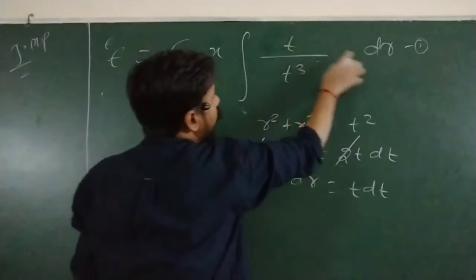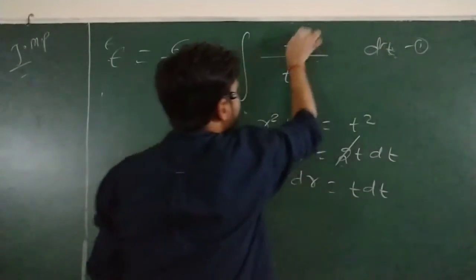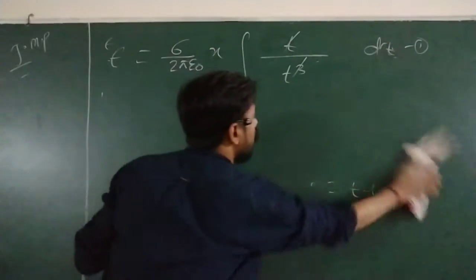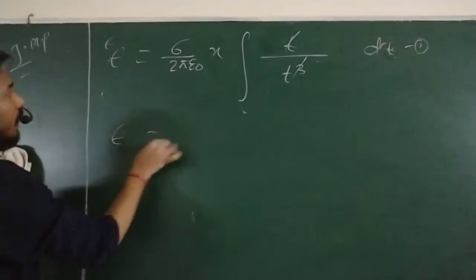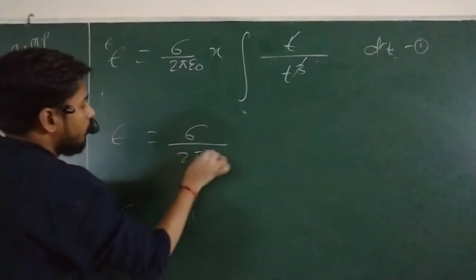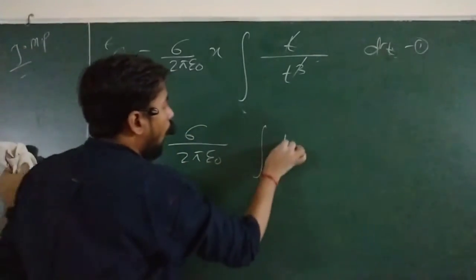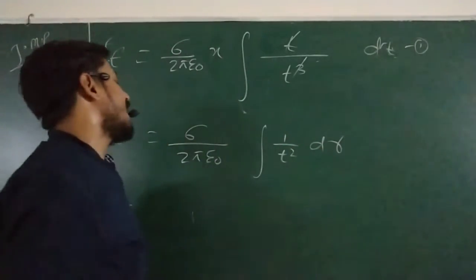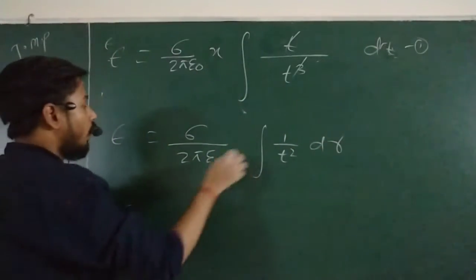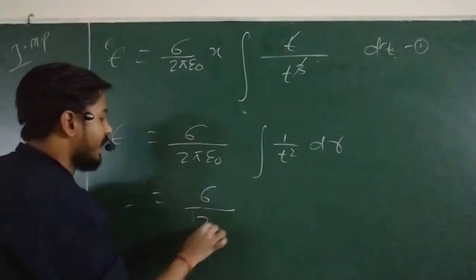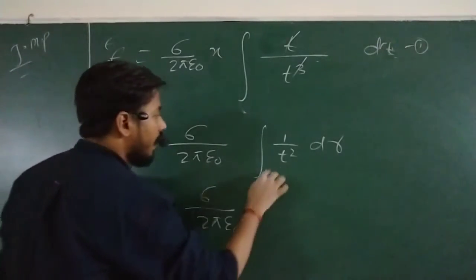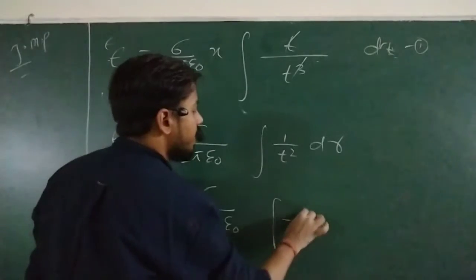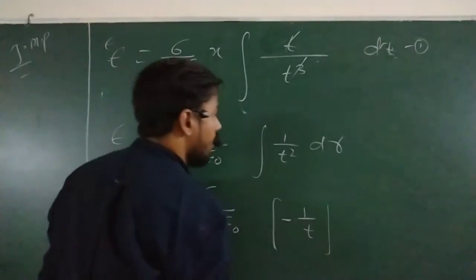So t gets cancelled. So E is equal to sigma by 2 epsilon 0 into the integration of 1 by t square dt. Now its integration: we know the integration of 1 by x square is minus 1 by x. So this becomes minus 1 by t.